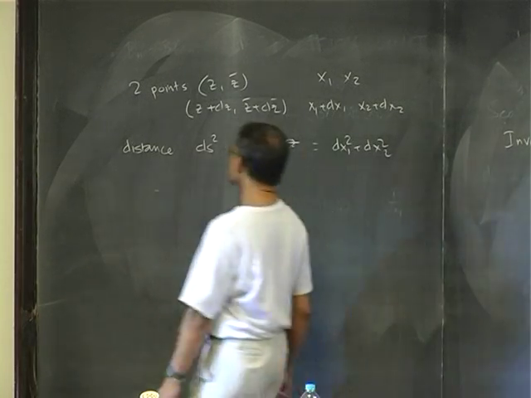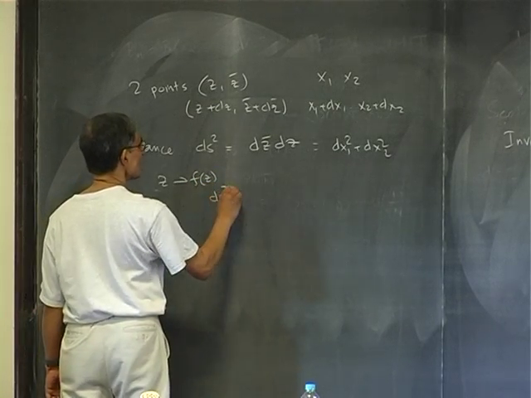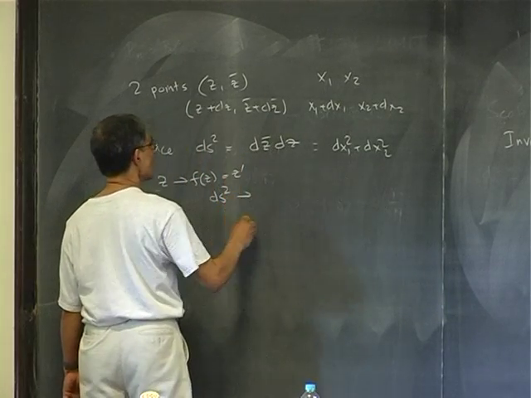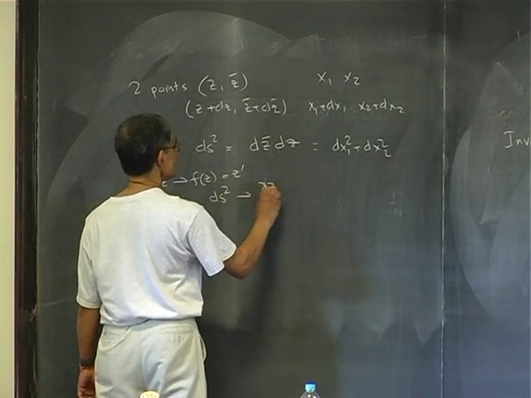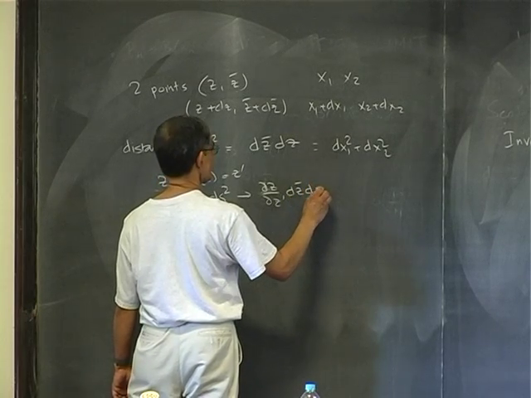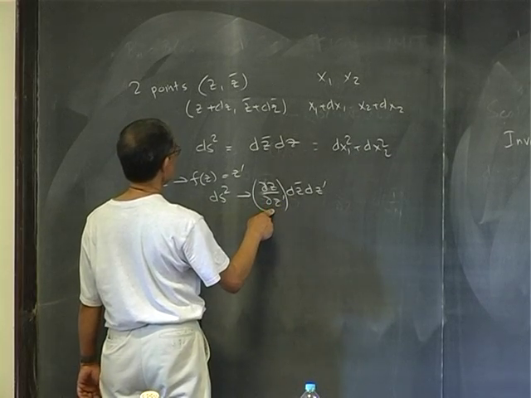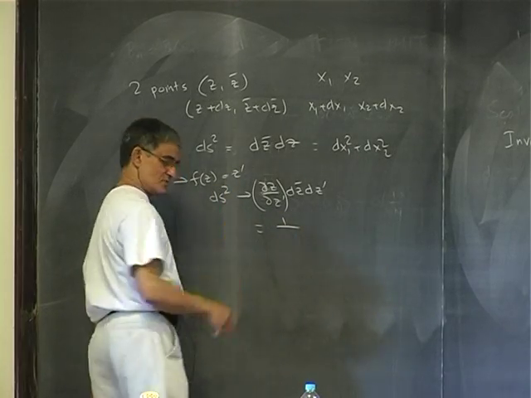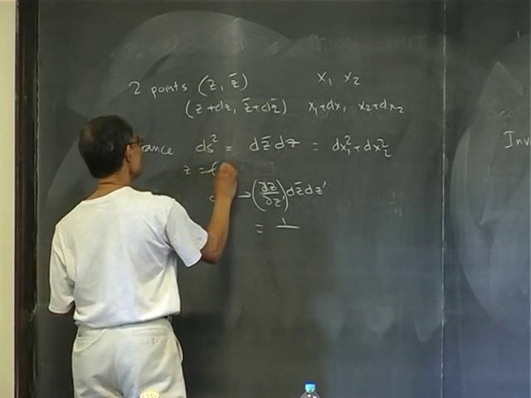So if I make a transformation z going to f of z, call it z prime, then this metric just becomes del z prime dz bar dz prime, but del z prime is what? 1 upon, let me do it the other way around, z equal to f of z prime.